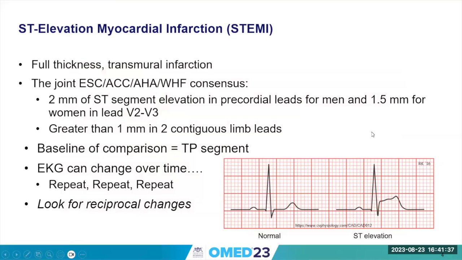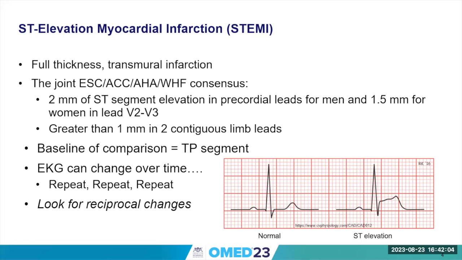So for our ST elevation MI, as we just said, it's a full thickness transmural infarction. The general consensus is that in the precordial leads, V1 through V6, we have to have a 2 millimeter ST segment elevation for men and 1.5 millimeters for women, and greater than 1 millimeter in 2 contiguous limb leads.